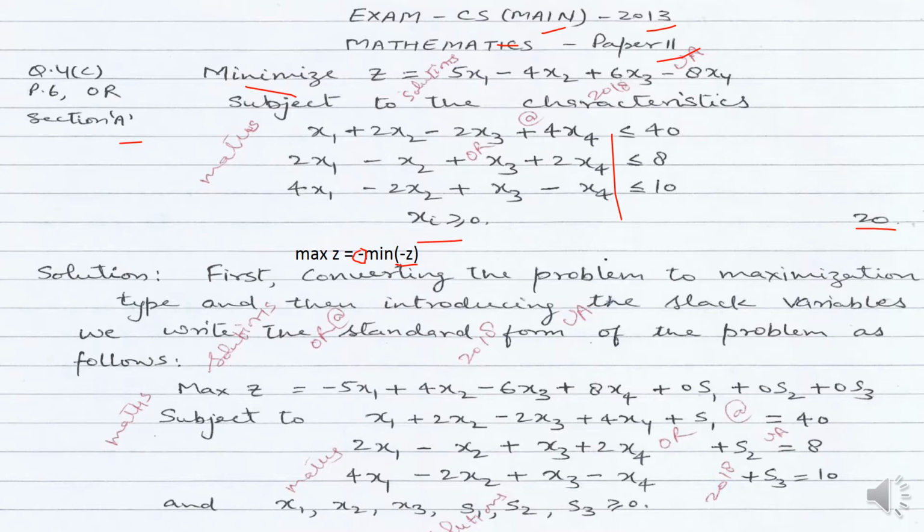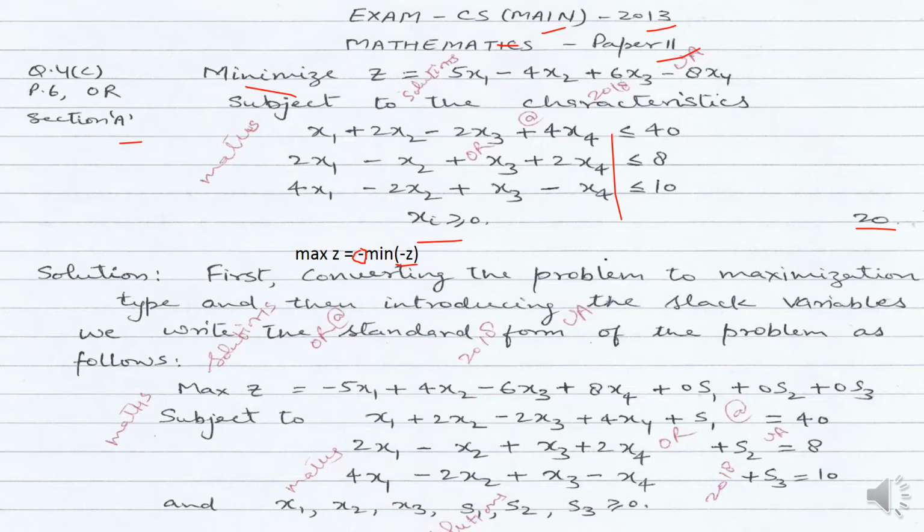So first we convert the problem to maximization type, and then introduce slack variables, because these are less than equal to signs. On the left hand side the quantity is something less, so we will add some amount, that is the slack variable, and we write the standard form of the problem as follows.